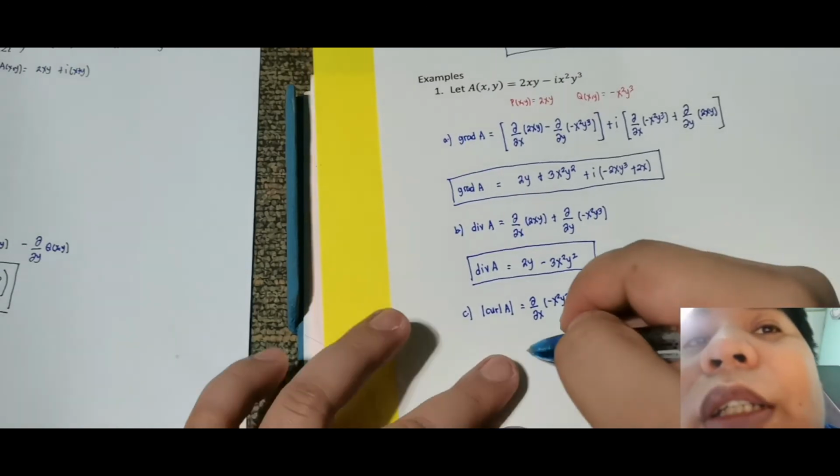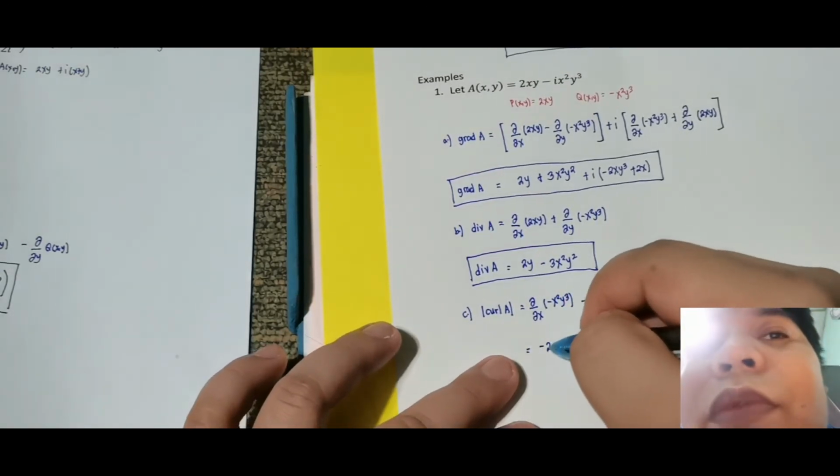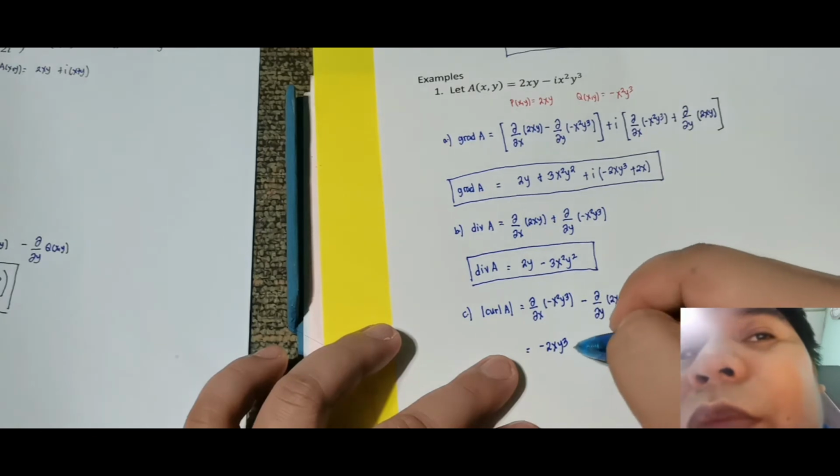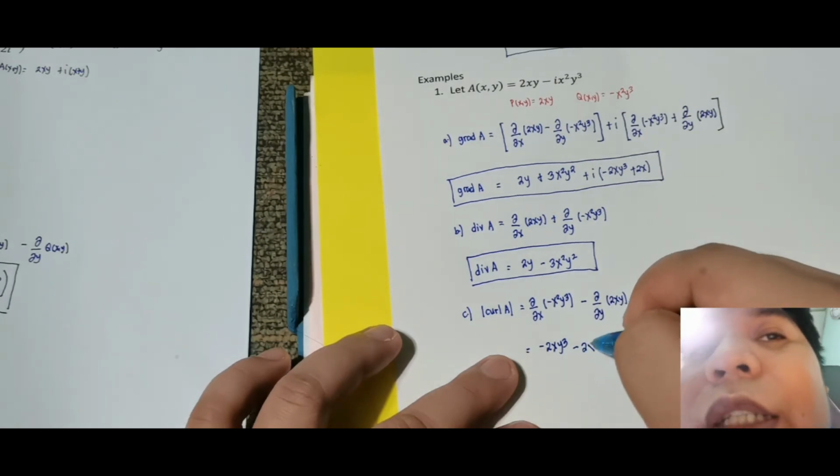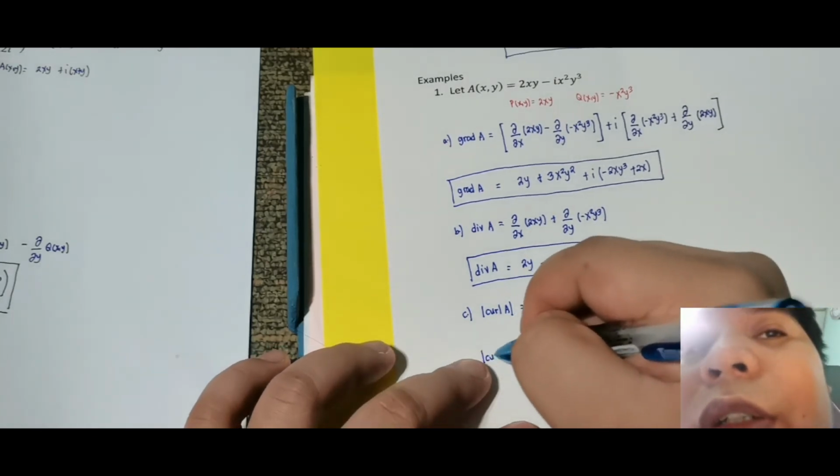Okay, so this is equivalent sa negative 2xy cube minus 2x. Okay, so this is the curl of A.